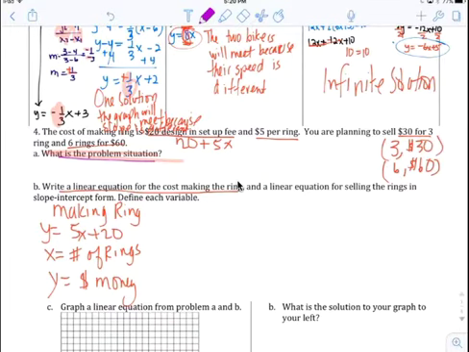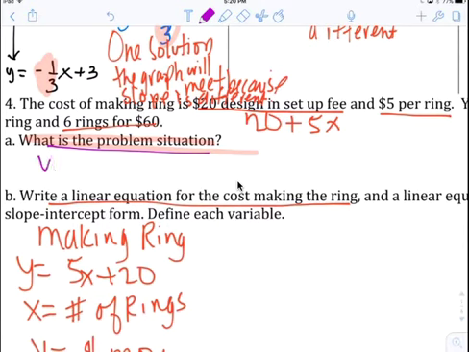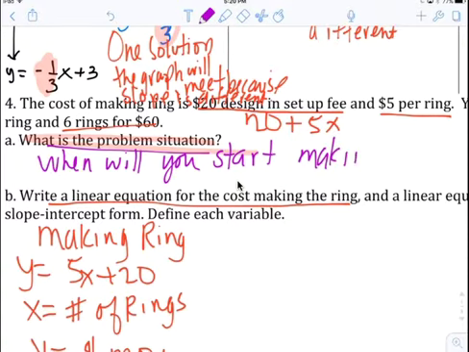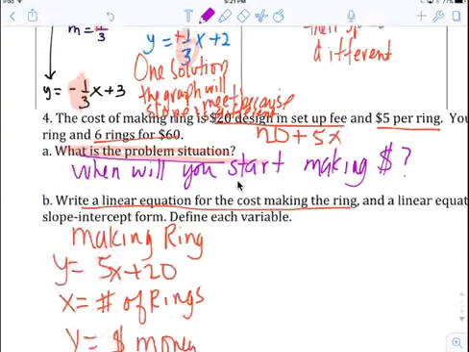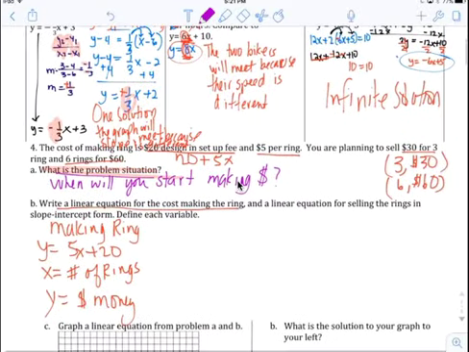When will you start making money? It's after the break-even point. So that's the problem situation. We need to find the break-even point to find out. Okay? Alright, anyways.